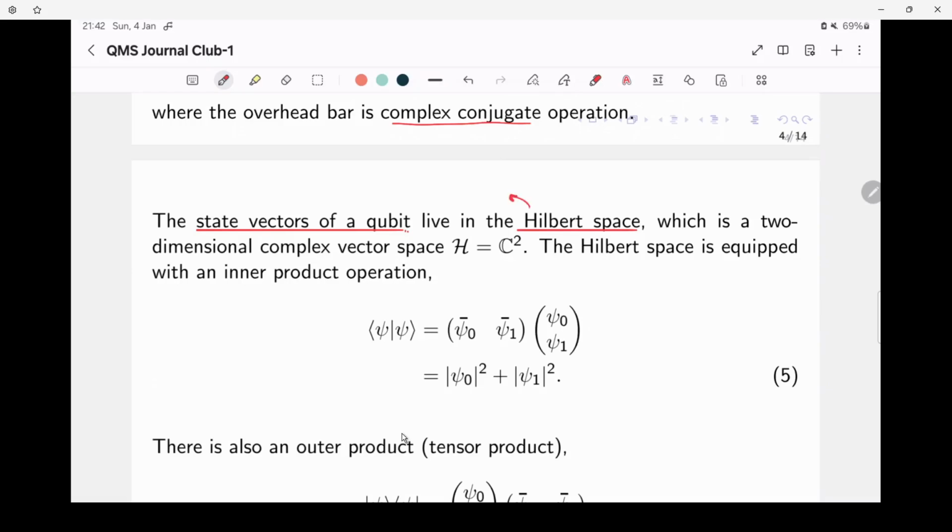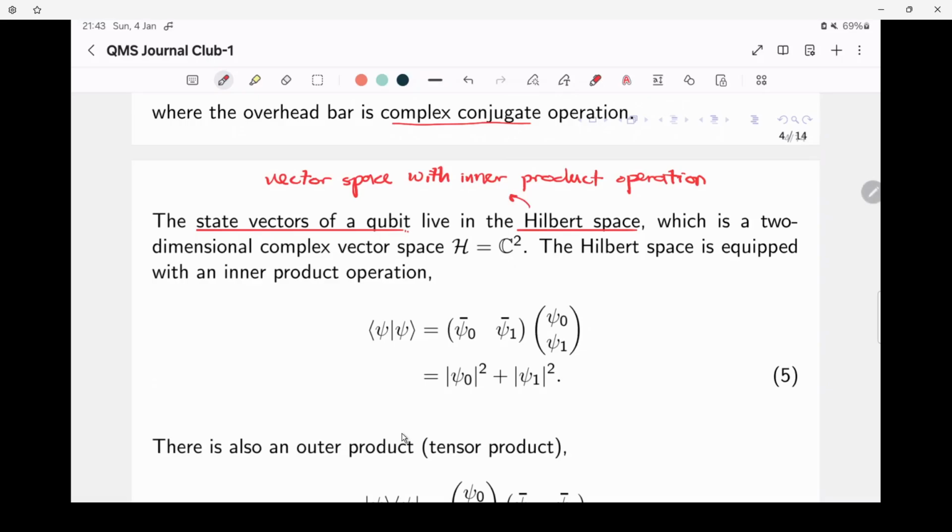Hilbert space is basically just a vector space with inner product. So this is how you define Hilbert space in a simpler way. You just mention that it is a vector space with inner product operations.